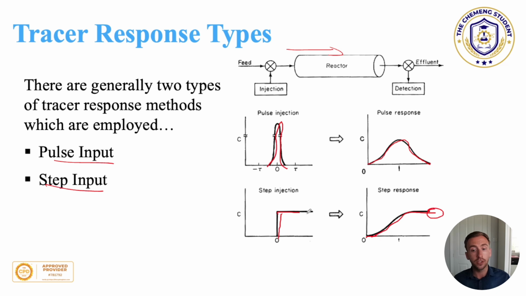And it becomes constant because we keep adding in the same amount of tracer. So you can see the difference, and depending on the type of system, the data that you would like to know will dictate which type of response you will go for.